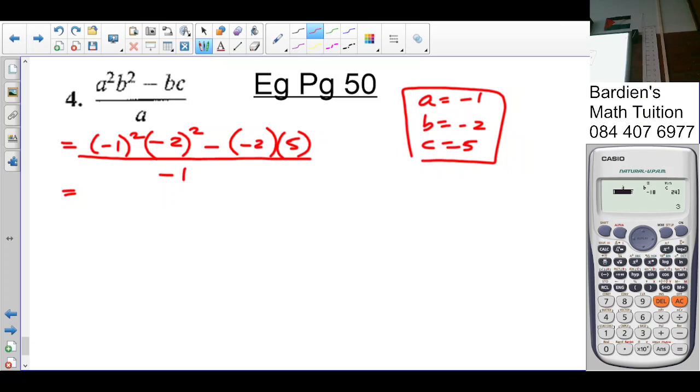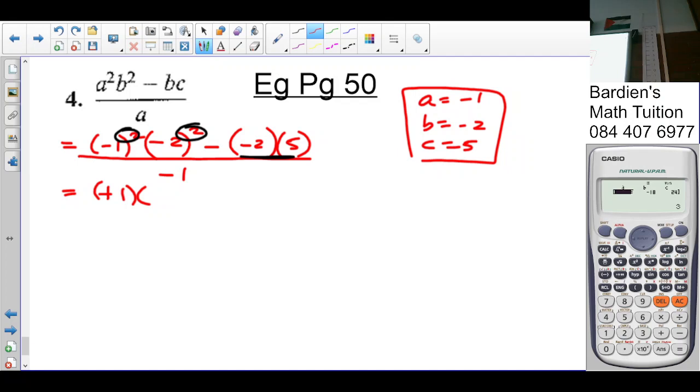So now we're going to apply the square here and there, and this we can multiply up. So what's negative 1 squared? This is negative 1 times negative 1, positive 1, times negative 2 squared.